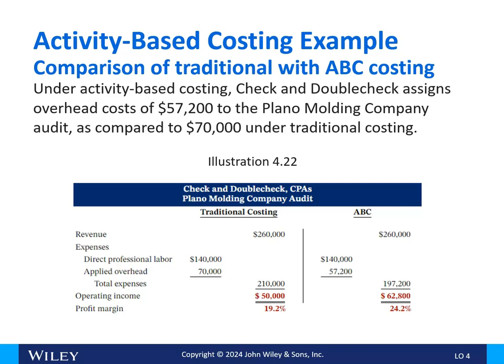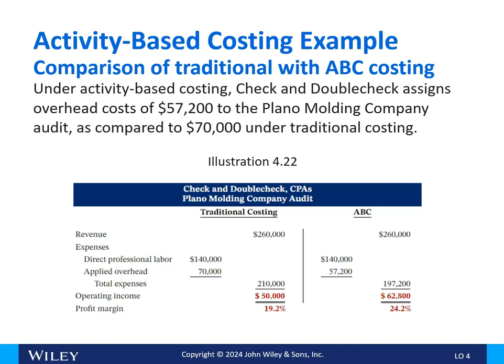And if we compare the two, under the traditional costing, we would have applied $70,000 of overhead, $210,000 of cost. So we would have had operating income of $50,000. Under ABC, we're only applying $57,200 of overhead, so a lot less than the $70,000. So $197,200 of total cost. So our operating profit on this job under ABC is $62,800.